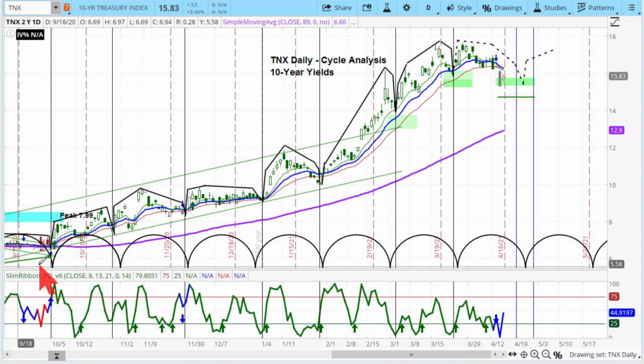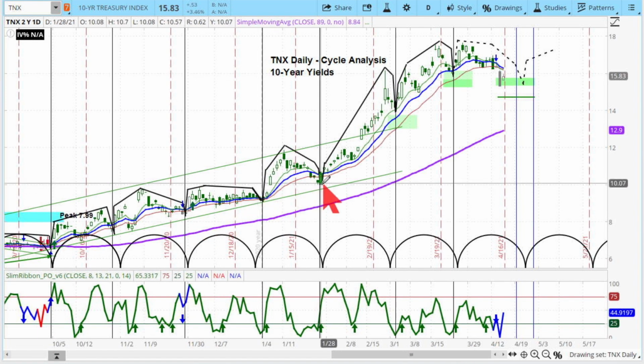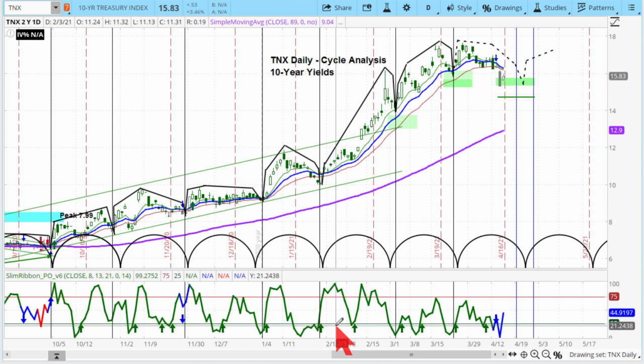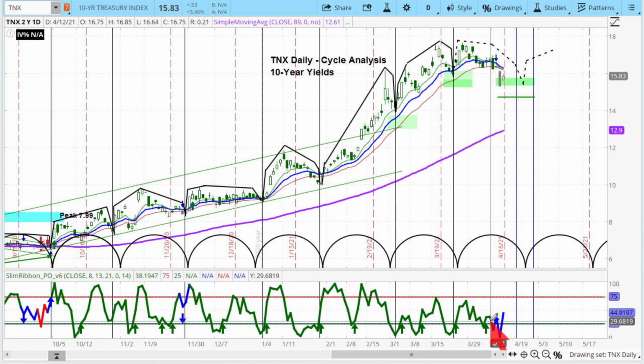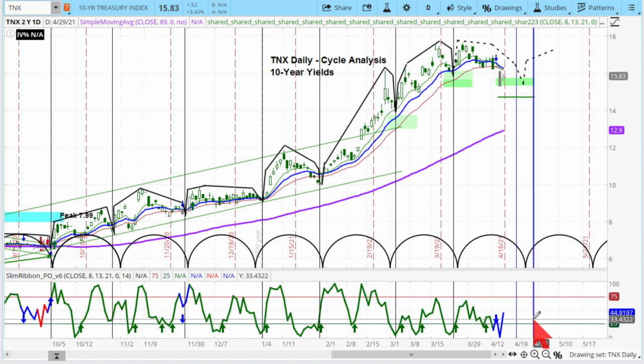You can see all of this upward momentum right in here, all of these signals right in here that says that yields are going to continue up, and now having gone neutral right over here as you see it turn blue. So we'll see when it establishes green again, it will be telling you that yields are going up again, and we expect that to happen in a little more than a week.